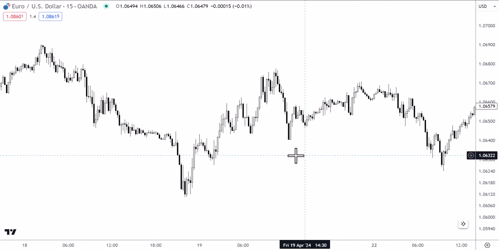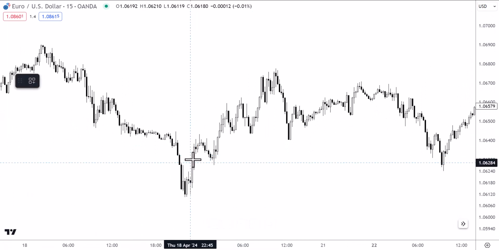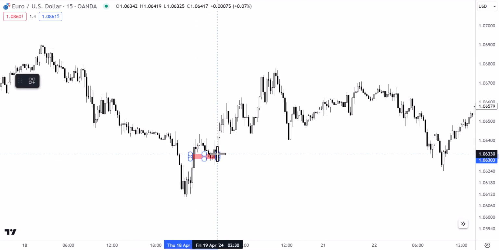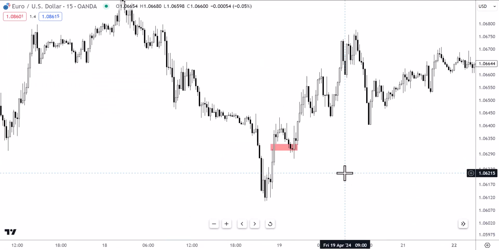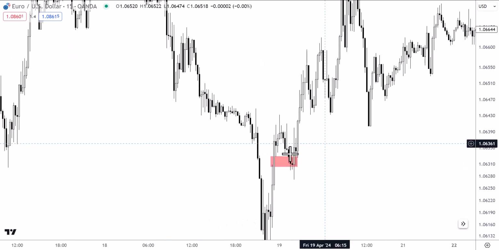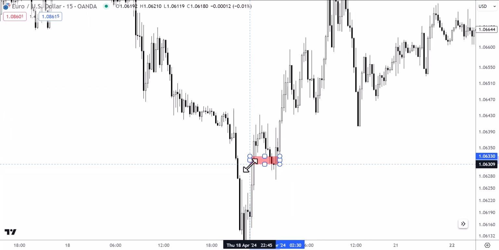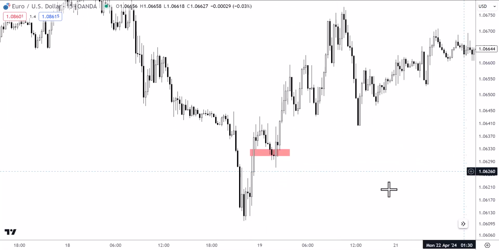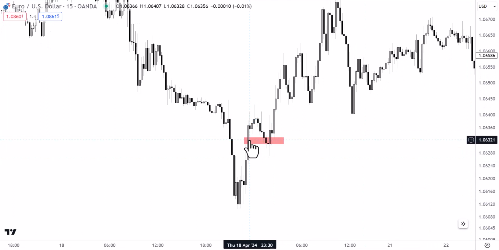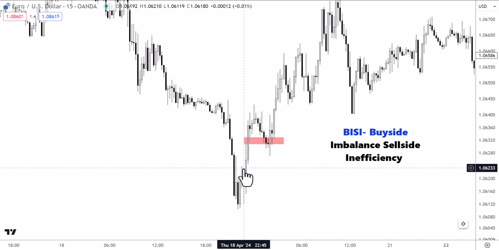Another example of internal liquidity is even right here where we simply see this fair value gap. This would be considered a buy side imbalance, sell side inefficiency.